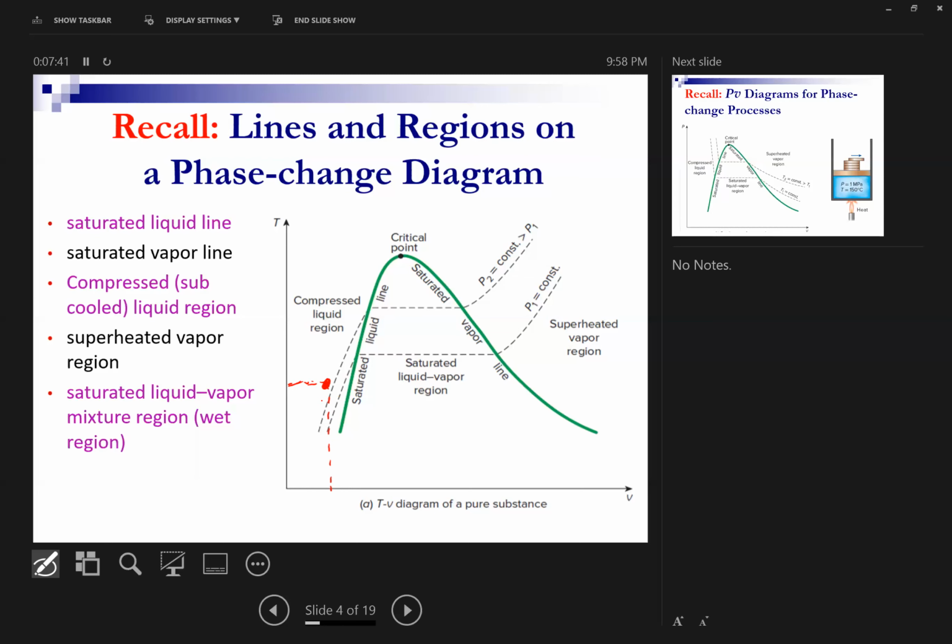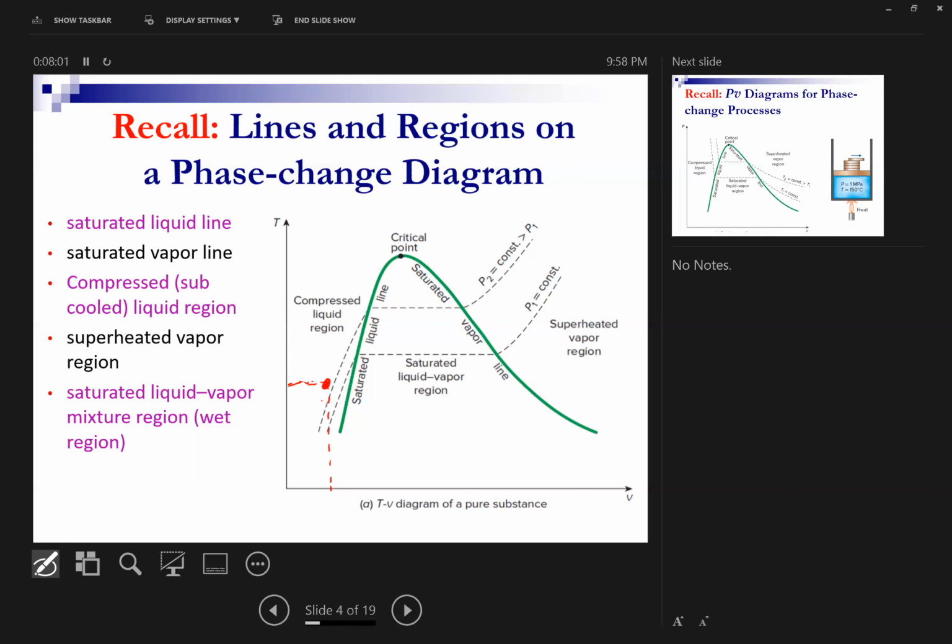In that case, if my thermodynamic state is at the left hand side of this graph, then it means that my substance is actually in liquid phase, right? So this is my compressed liquid region.